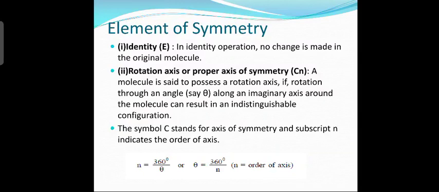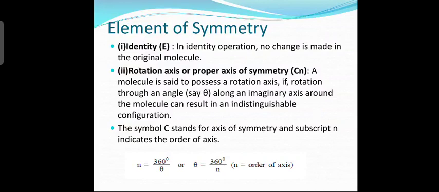Rotation axis or proper axis of symmetry. So the second element of symmetry is the rotation axis or proper axis of symmetry, represented by Cn. A molecule is said to possess a rotation axis if rotation through an angle, say theta, along an imaginary axis around the molecule results in an indistinguishable configuration. What do you mean by this?